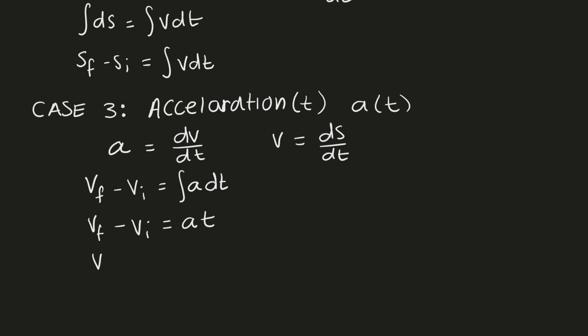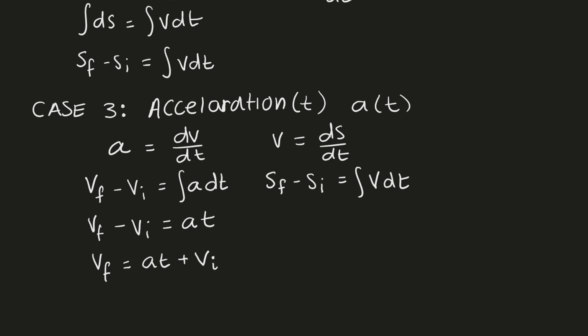So we can now say that velocity final is equal to at plus vi. It's a pretty familiar looking equation, I would say. So then we can do something a little bit different. Earlier we said that s final minus s initial is equal to the integral of v dt.